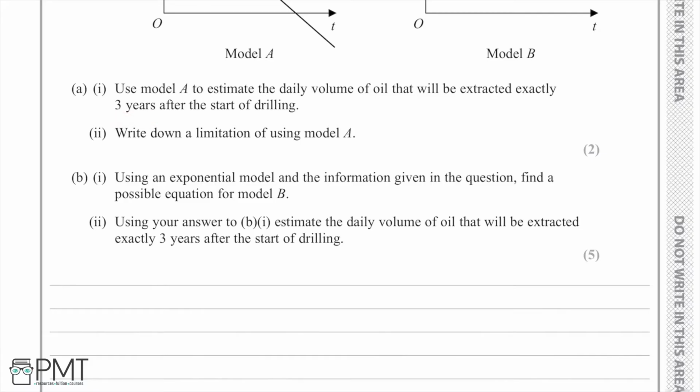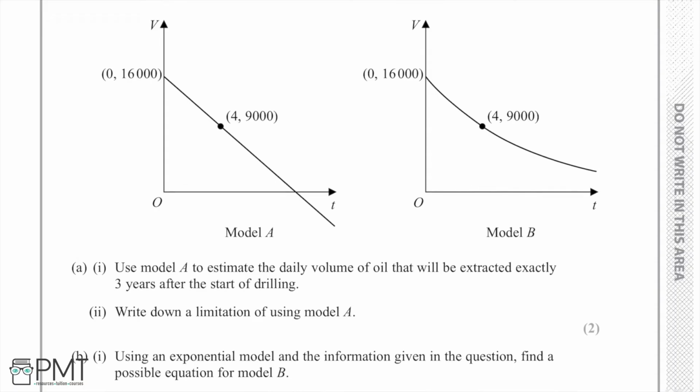Use Model A to estimate the daily volume of oil that will be extracted exactly 3 years after the start of the drilling. So now taking a look back at our graph, we can see that at this point here, T is equal to 4. So we know that T equal to 3 will be roughly around this point here. So I think the best way to work this out will be to calculate the gradient.